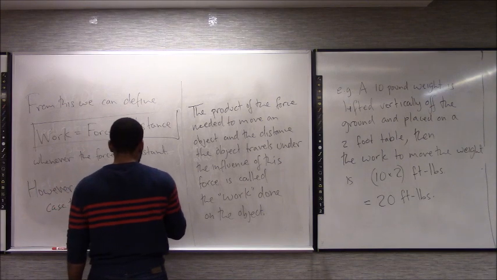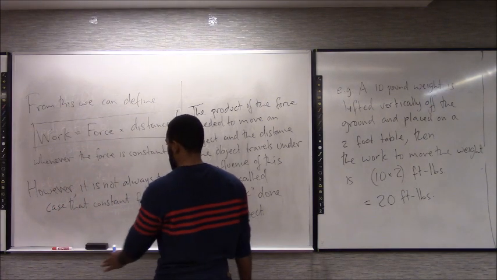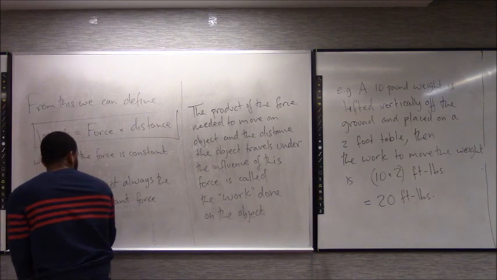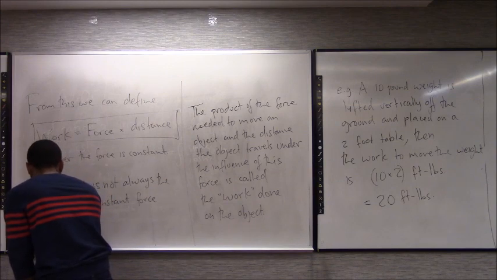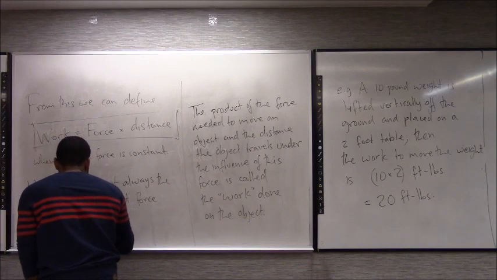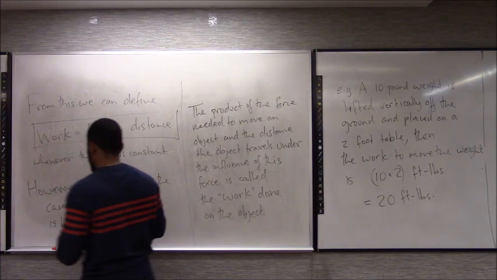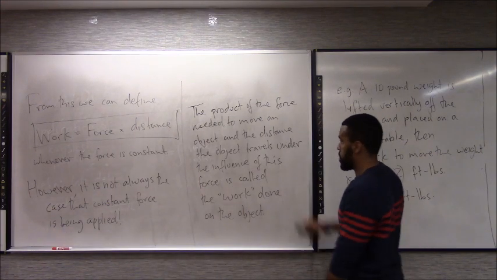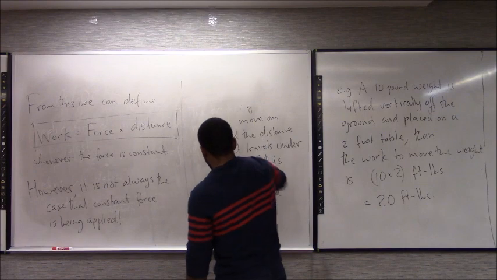So constant force just means you're applying the same amount of force throughout the entire action. So how do you go about talking about when you have some variable force acting on an object?